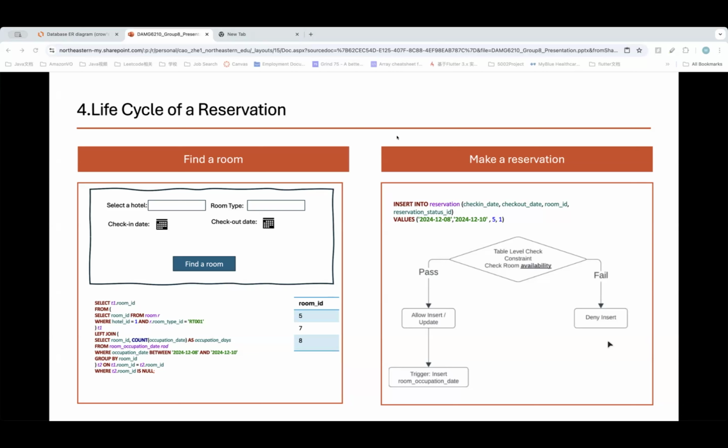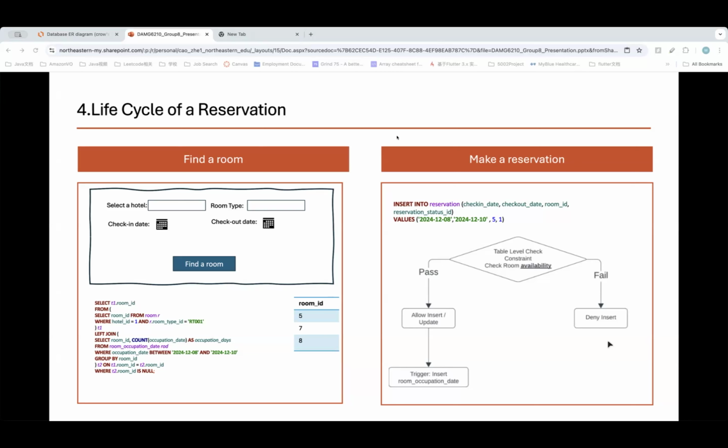And if this room is not occupied, so we can update the data successfully, then the trigger will be triggered to delete the old information about his room occupation date from the occupation table and insert a new room occupation date into the table. This way we can maintain the room occupation date table to stay accurate. Thank you, hope this explains.